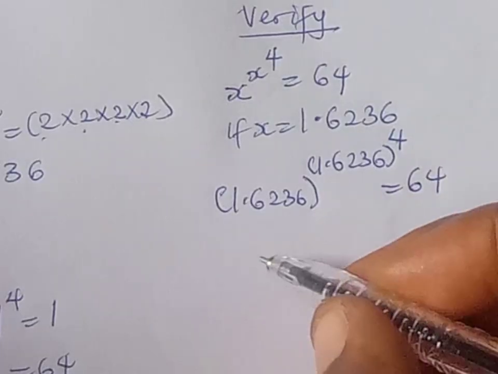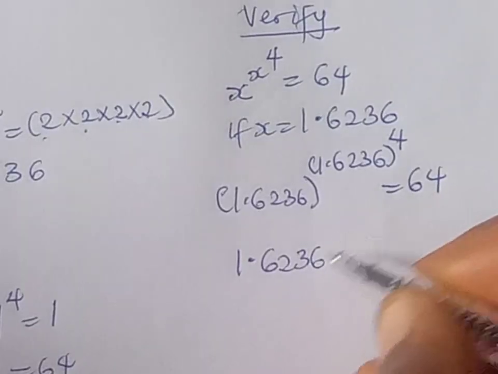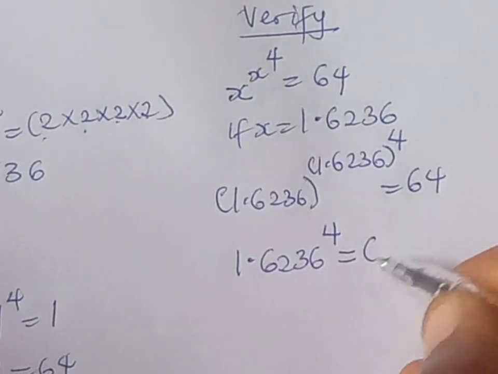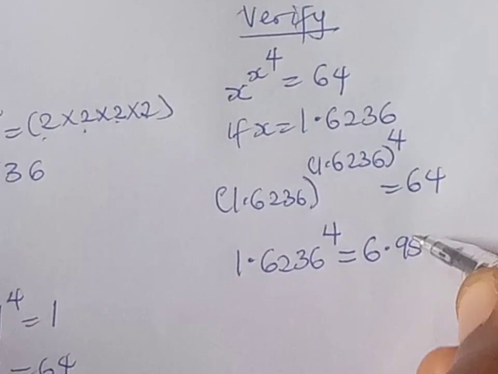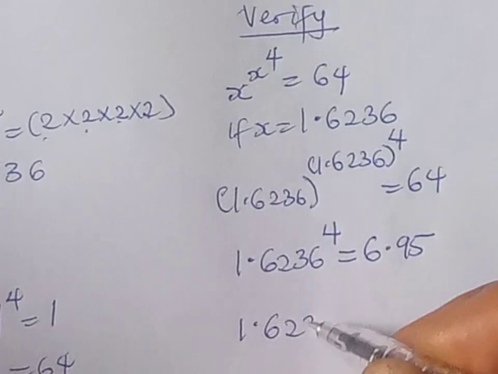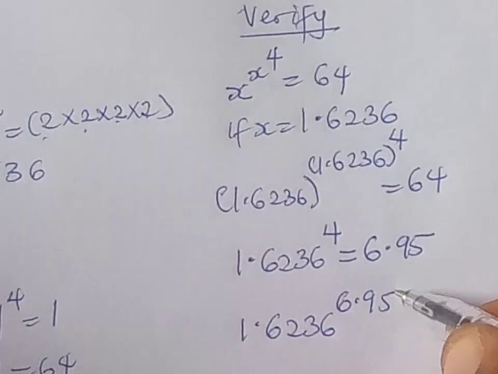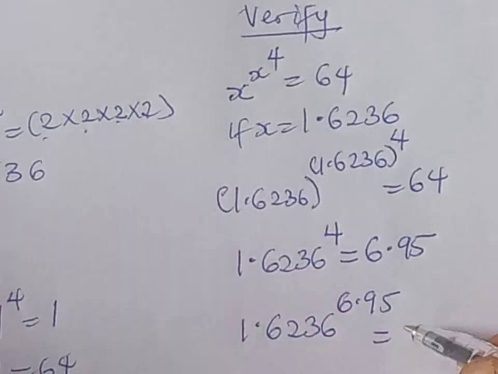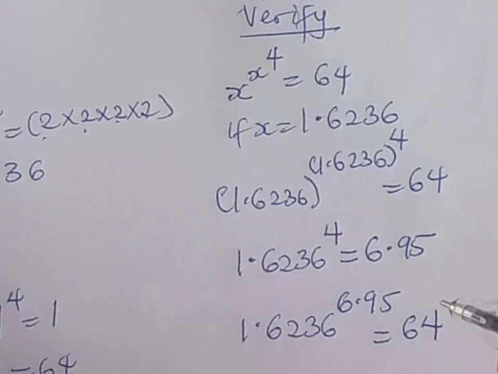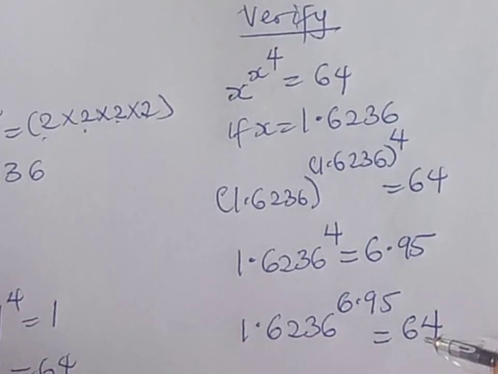Let's solve this first, which is 1.6236 raised to the power of 4, which will give us 6.95. Now 1.6236 raised to the power of 6.95 will give us 64. That means our numerical estimate is correct.